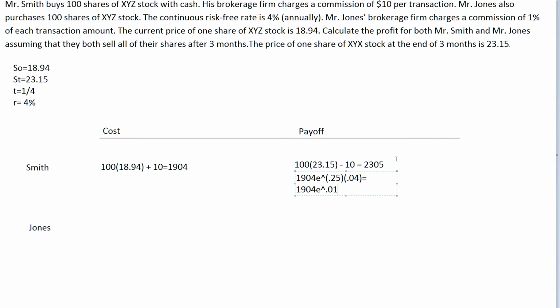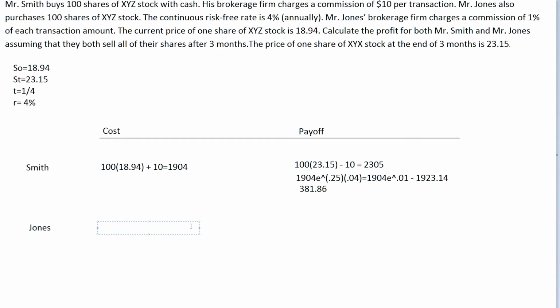And when we put that into our calculators, we get 1923.14. So the total profit after all of this is these two subtracted, which is 381.86 for Mr. Smith.